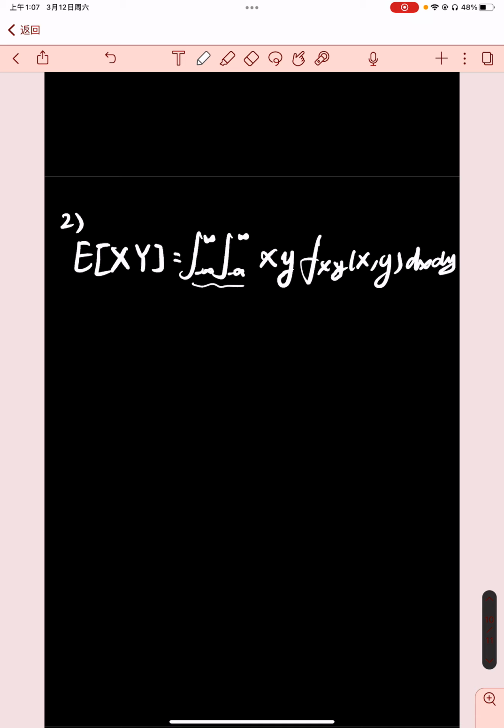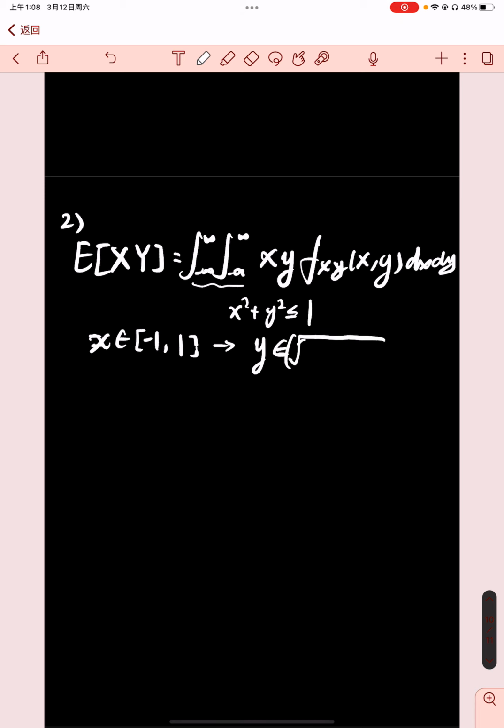And we can replace these by their relations. If we suppose we already have x from negative 1 to 1, then since x squared plus y squared is less than or equal to 1, y is in the range of negative square root of 1 minus x squared to positive, the square root of 1 minus x squared.